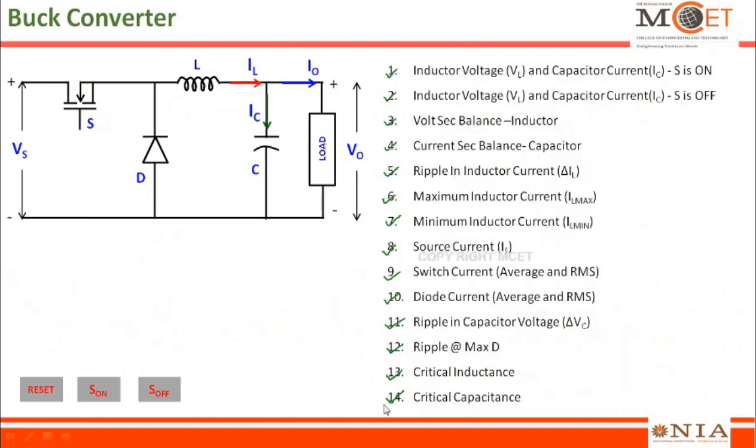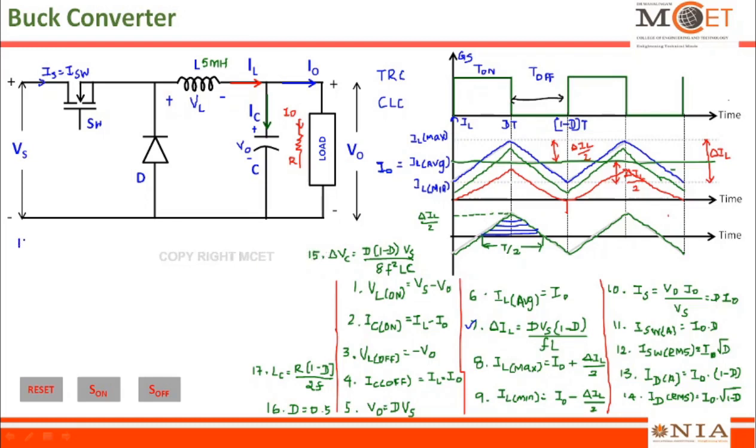Now the last part of the derivation is to calculate the critical capacitance. To calculate the critical capacitance, how we have used delta IL minimum, now we are going to use VC minimum is equal to 0. So VC minimum, I want to put delta VC minimum is equal to 0.